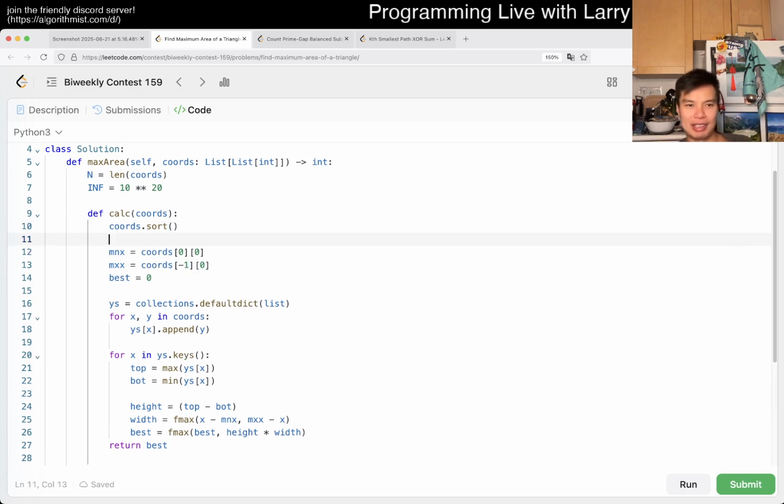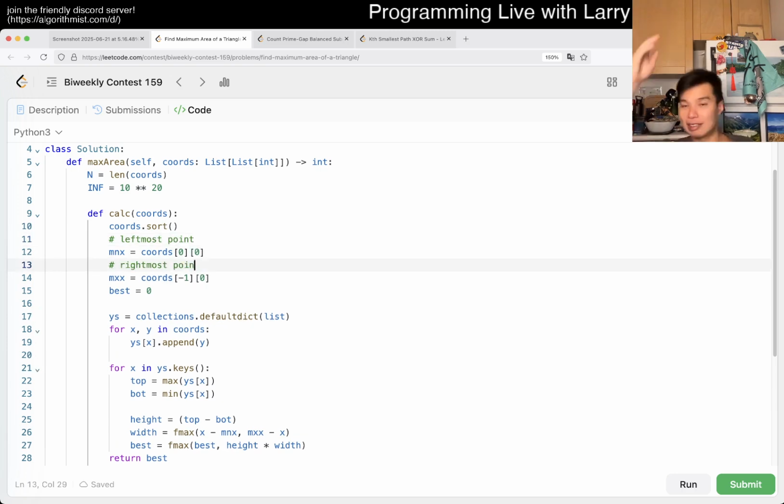Let me write it down. Leftmost point, rightmost point, right? And like I said, the height doesn't matter. It just has to be the leftmost and rightmost. And then here I keep track of all the y's for a given x. And honestly, I was a little bit lazy, and when you watch the live part, I actually talk about how lazy I was. You probably could keep track of, for a given x, instead of keeping track of a list, only two things, the min and the max.